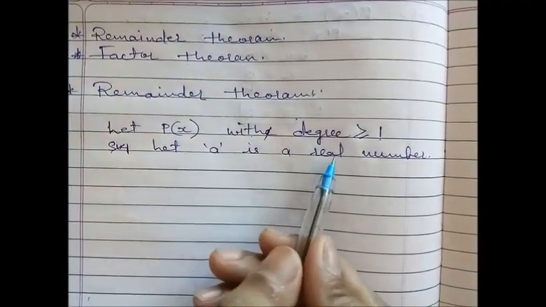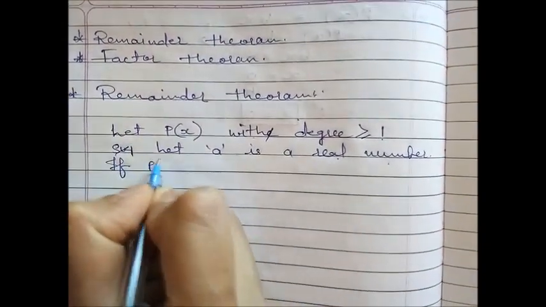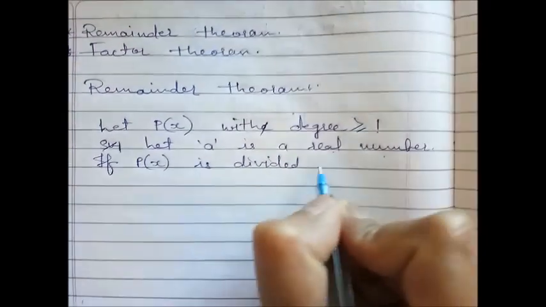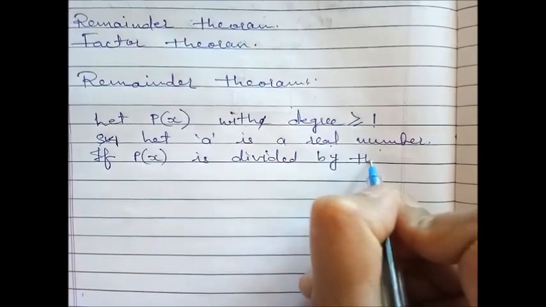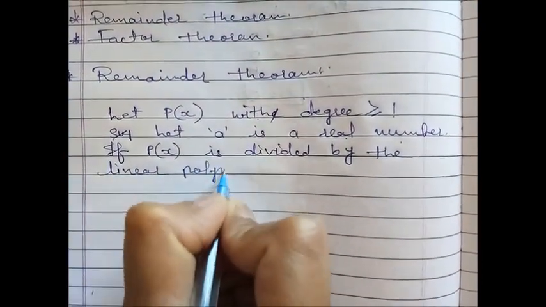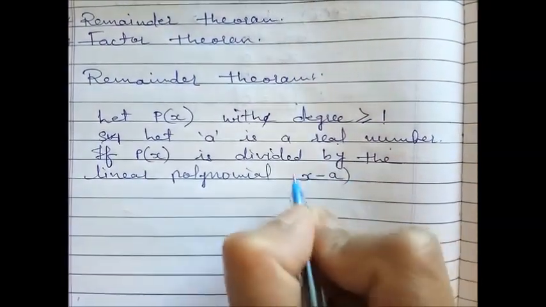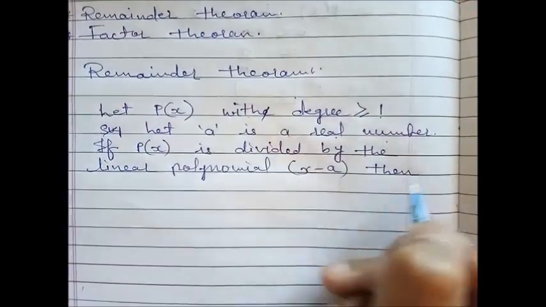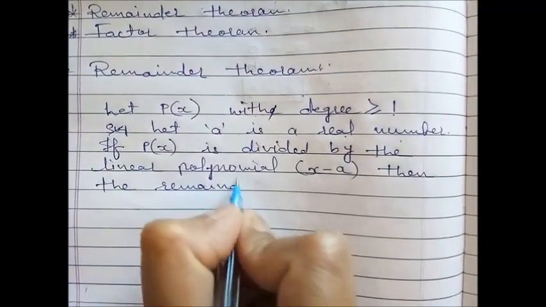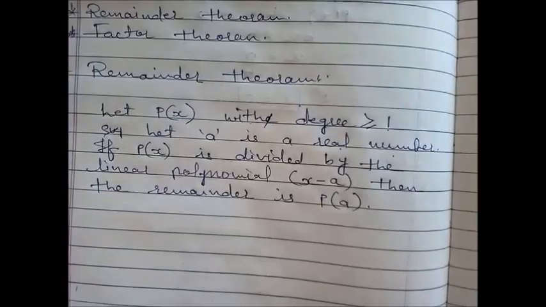And let a be a real number. Then if p of x is divided by the linear polynomial x minus a, then the remainder is p of a. Right.